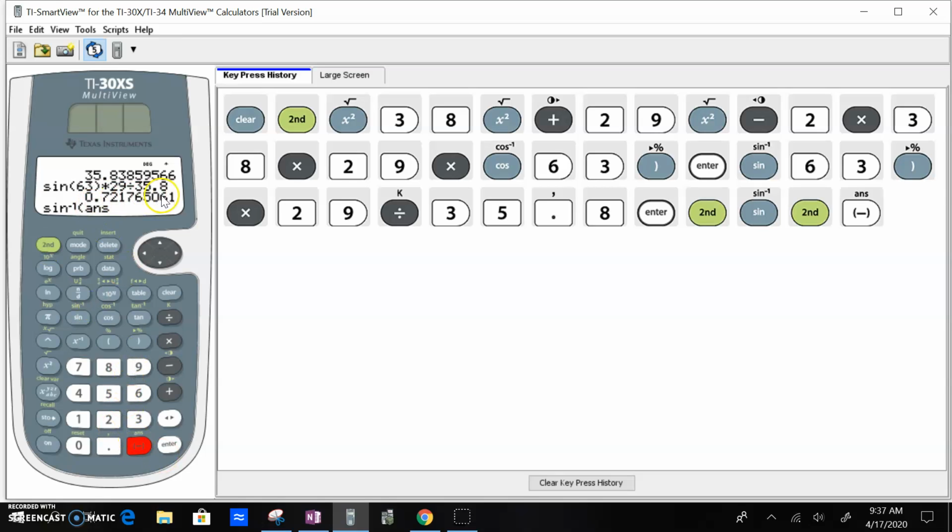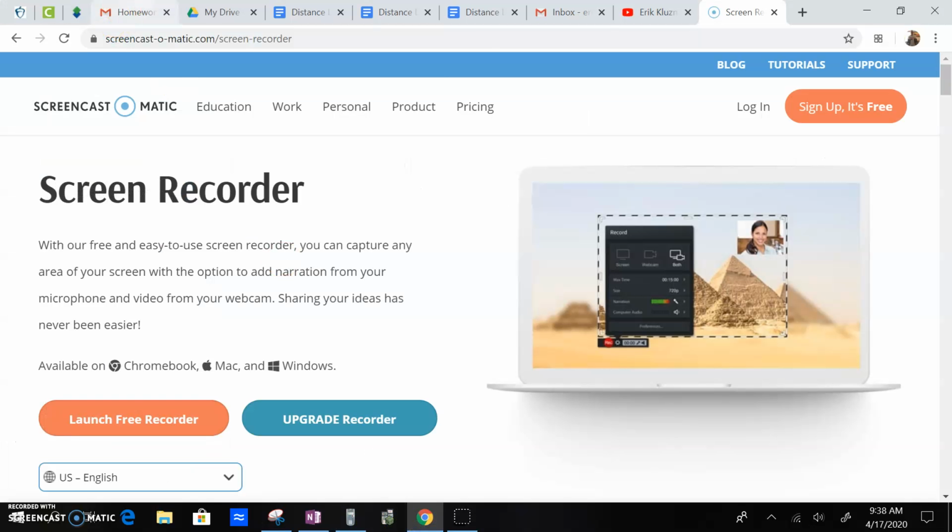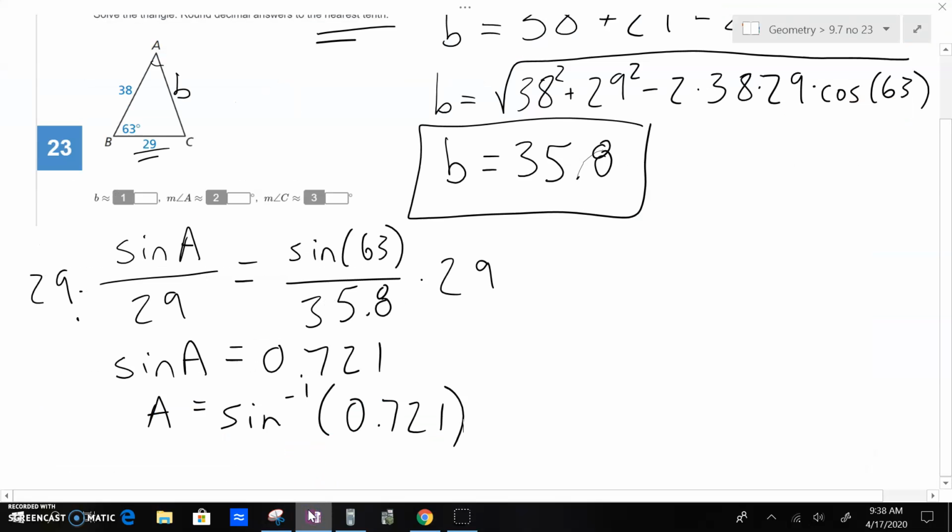You could type this in, 0.721765061, or your calculator has a way just to grab it and enter it in there. Either way, you can type it in or use your calculator's shortcut. And our answer then is 46.2. So A is 46.2.